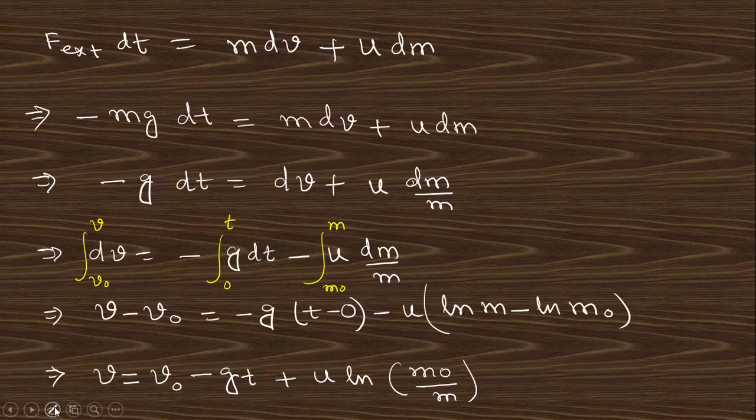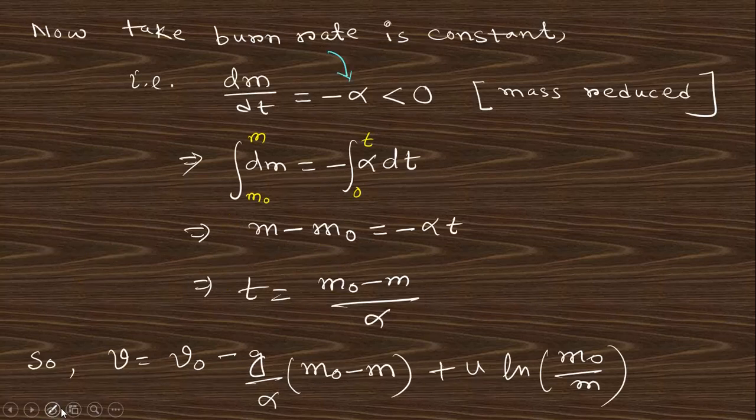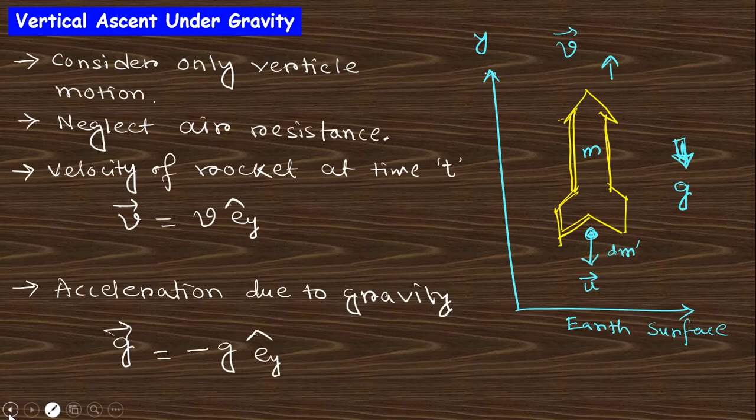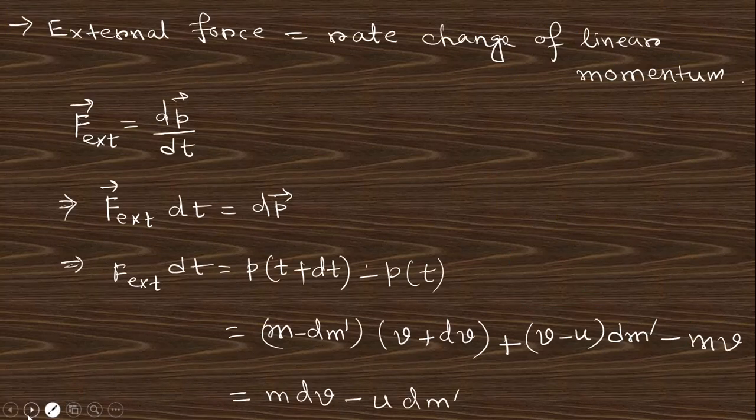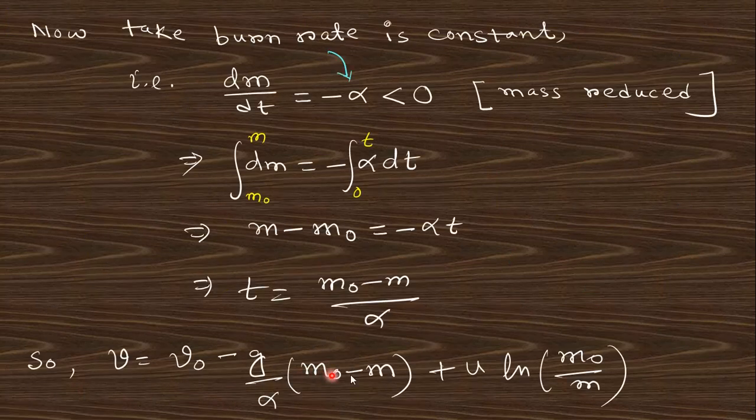And if you put this in place of time, you will get this type of equation. This is the speed of the rocket with respect to m and m0, okay. Here also we get the expression with respect to m, m0 and u, okay. I think it is clear.